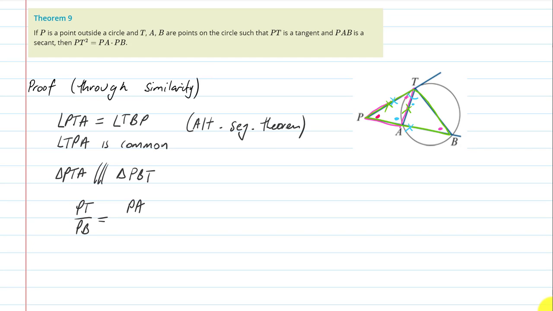So PA over PT, and when we rearrange that, I get PT squared is equal to PA times PB, as required.